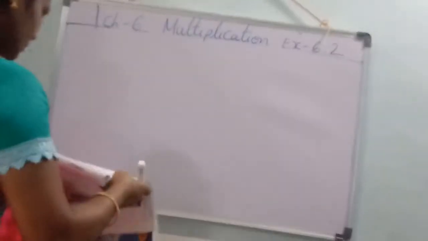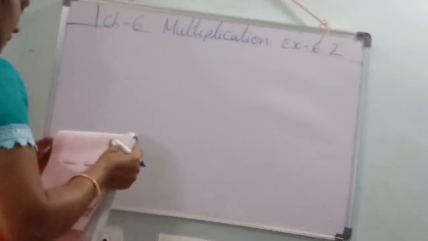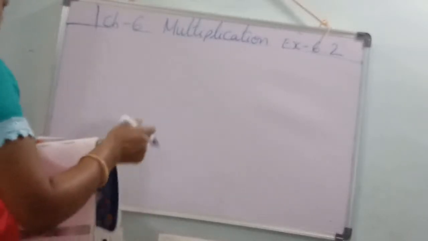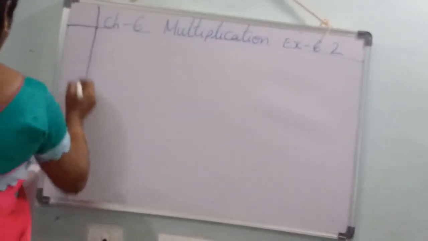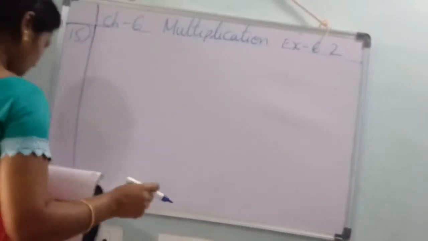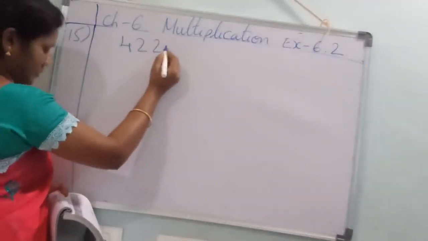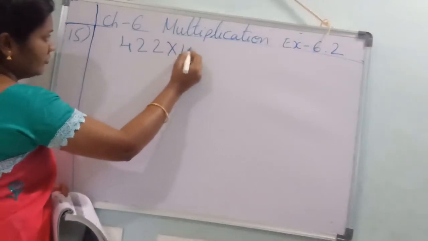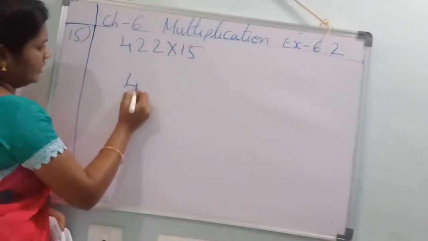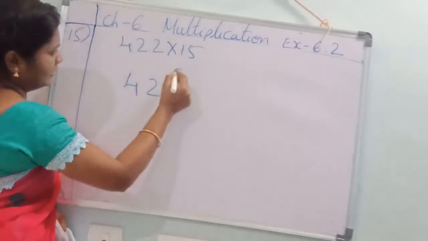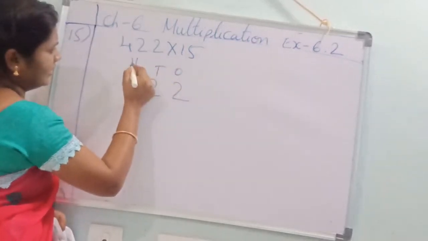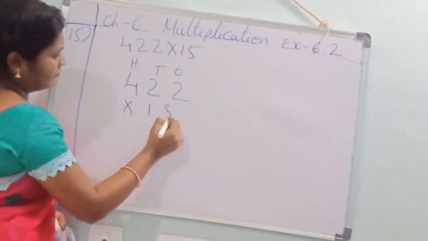Next, see, long answer question, 15th one. 422 into 15. 422, ones, tens, hundreds, into 15.